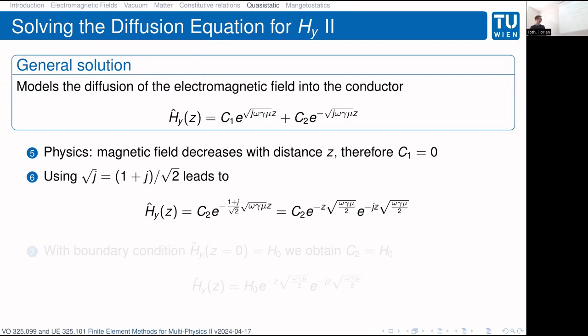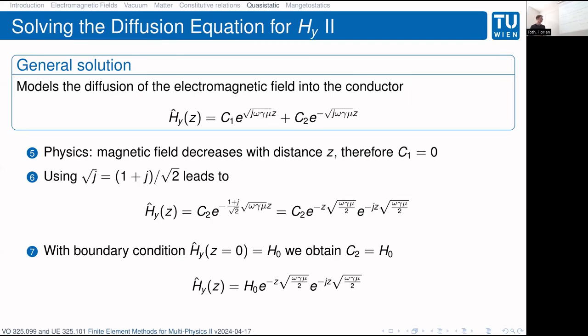So this is the general solution that we can then obtain with the boundary condition. At z equals 0, we want to set a certain value of H. This could be from the outside field. We have seen that the tangential component of H needs to be continuous. So we have some H outside, and this needs to be present at the boundary at z equals 0.